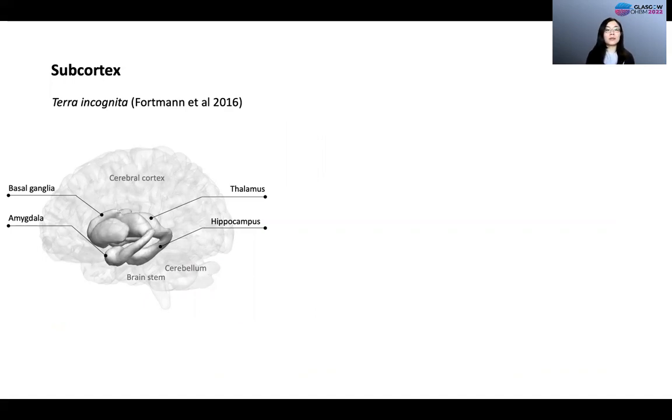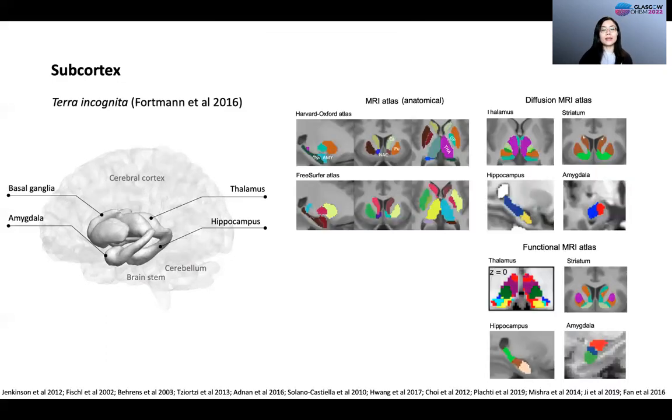This is partly because of the inherent challenges in subcortical imaging. Also, unlike the cerebral cortex, where cortical parcellation generally covers the entire surface mesh, many subcortical structures have been studied in isolation based on anatomical landmarks, without first establishing the functional boundaries between them.